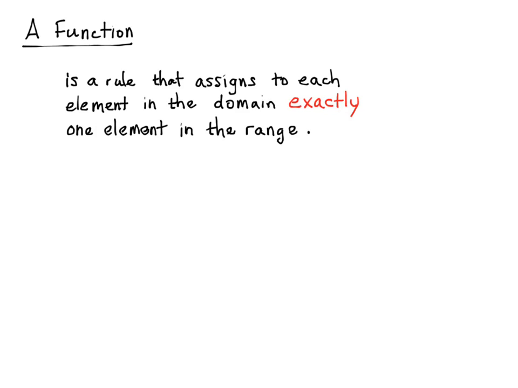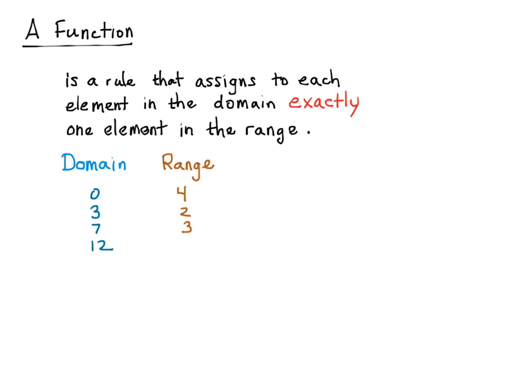That would be a function, because a car model would be made by exactly one manufacturer. The other way around is not a function, because a car manufacturer makes many models. So what distinguishes a function is that you get exactly one assignment to each element in the domain.